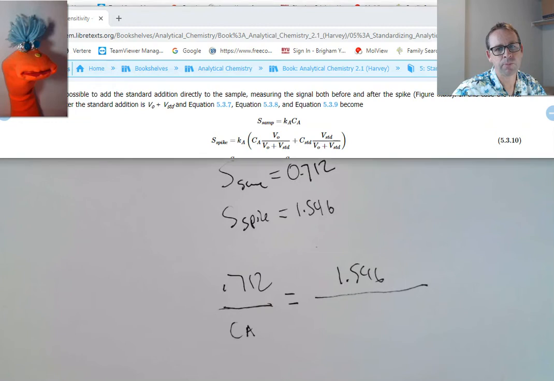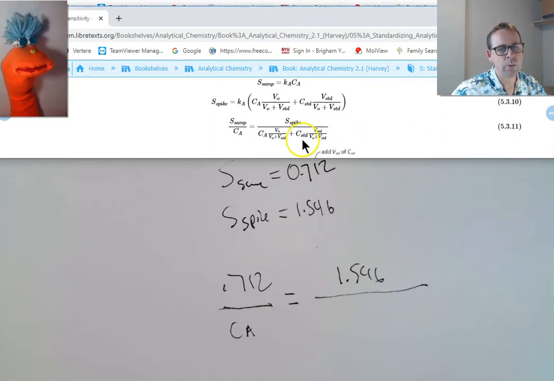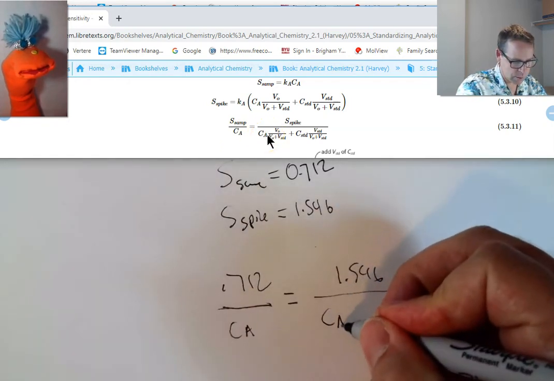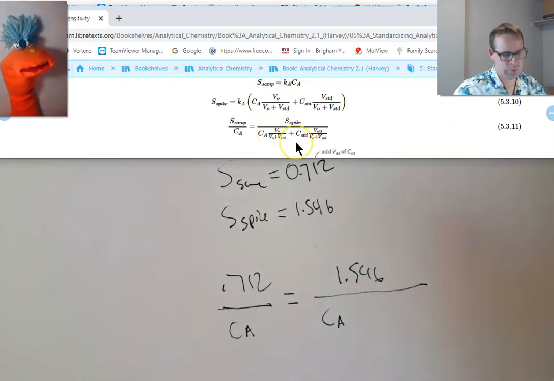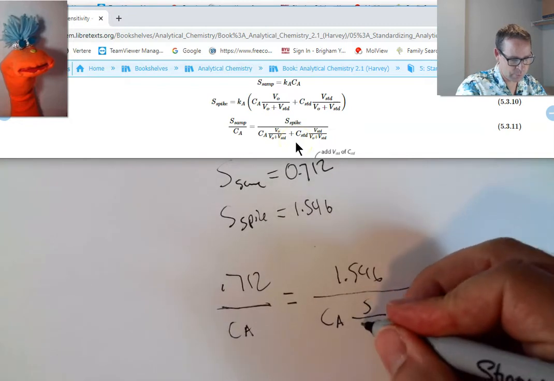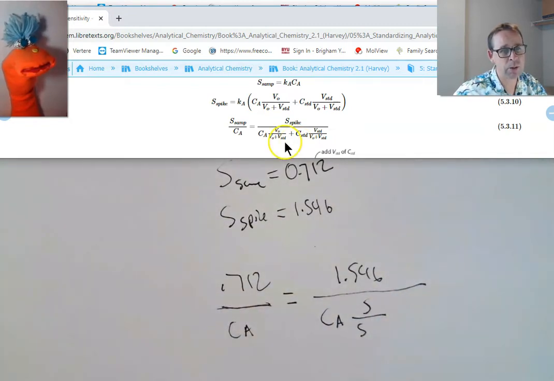Then we need our concentration of the sample. That's also still concentration of our analyte, unknown. Volume initial is 5 mils. So 5 over 5 times 5 plus what?